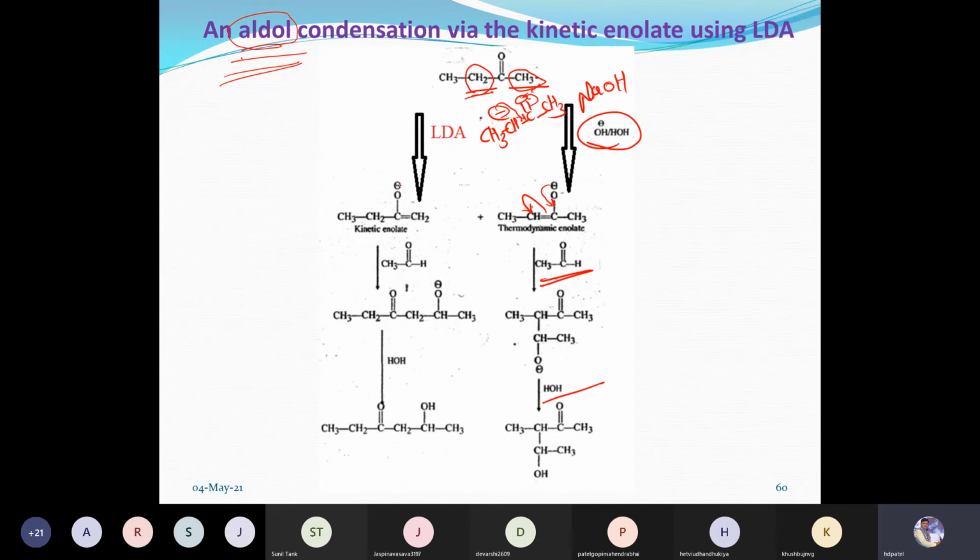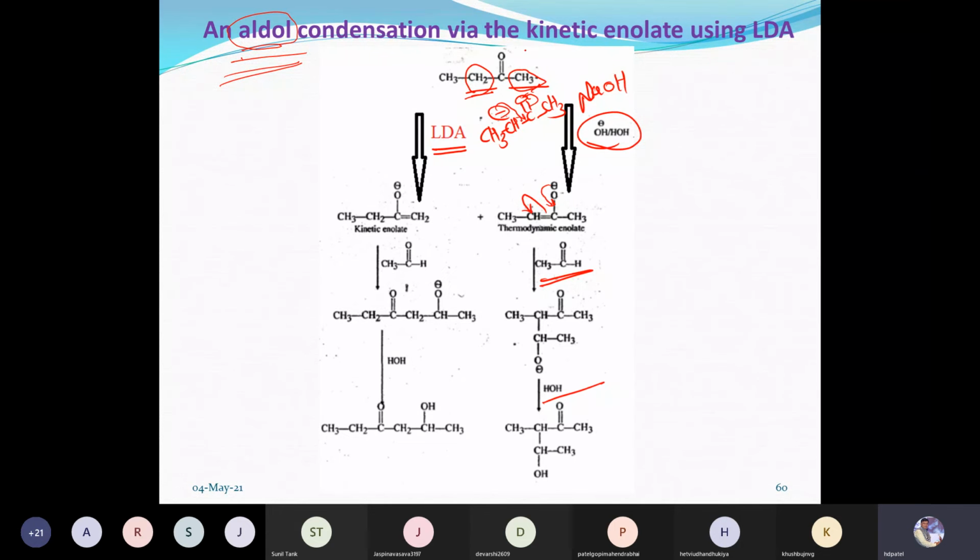Now, if we are using LDA, as we have discussed earlier, if a sterically hindered proton is available, then LDA will first attack the less sterically hindered proton.